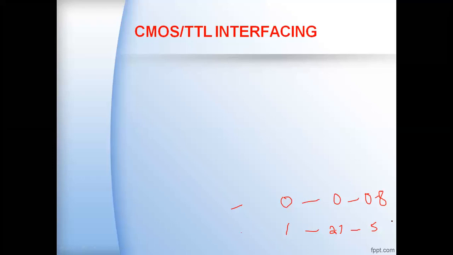That is, the output of one circuit is connected to the input of another circuit. By proper interfacing, by properly connecting the devices, we can have faithful operations, or we will get faithful outputs.